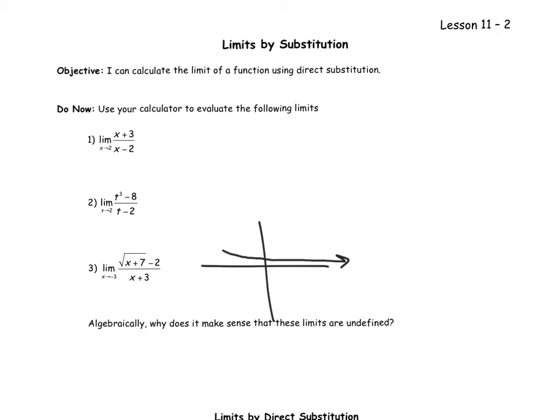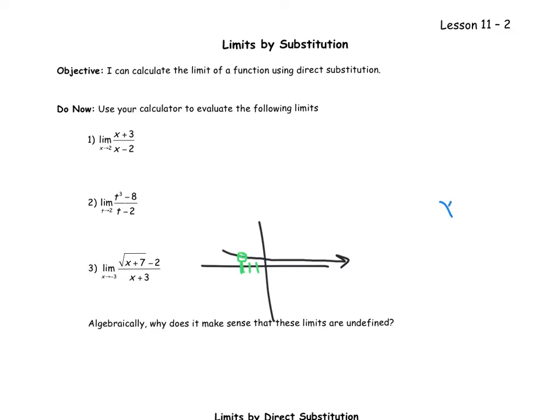Now if we check when x is negative 3, about here, when I go to my table and go over to negative 3, it also says undefined. That means there's also going to be some kind of hole here as well. Now I want you to just look at your table. We're not going to go into doing this algebraically yet.